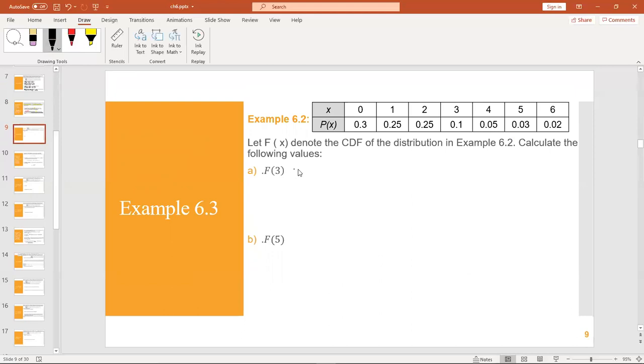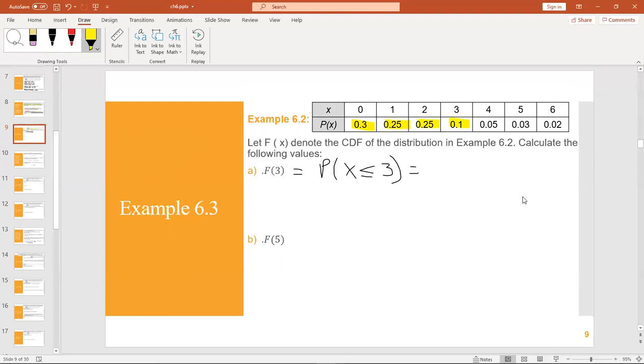So we're going to calculate the following values. A CDF of 3 is basically another way of saying the probability that x is less than or equal to 3. It's like the running total up to 3 here. So up to 3, you've got that one, that one, that one, and that one. So you're going to add those 4 values up.